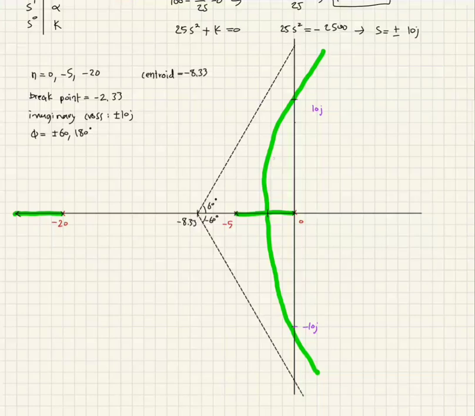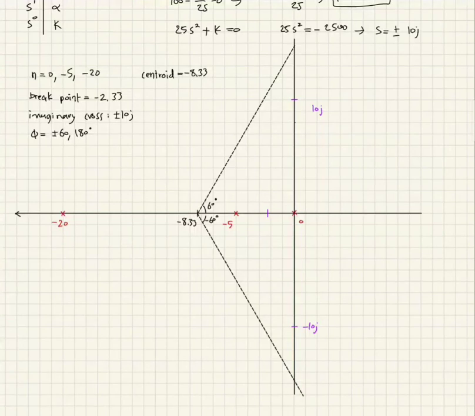Now let's get specific. We know that this locus starts from here, goes up to the breakpoint, and now it's going to go down like this, and crosses the imaginary axis.